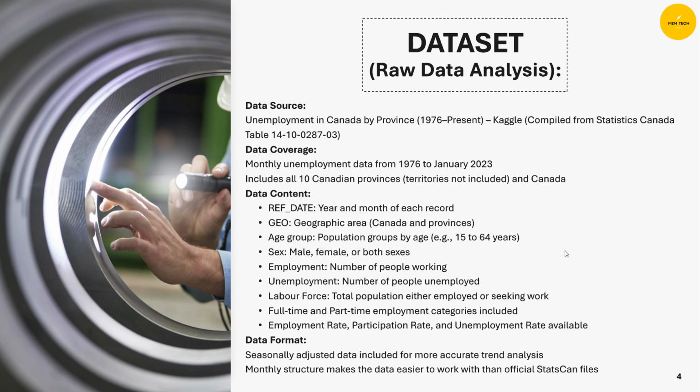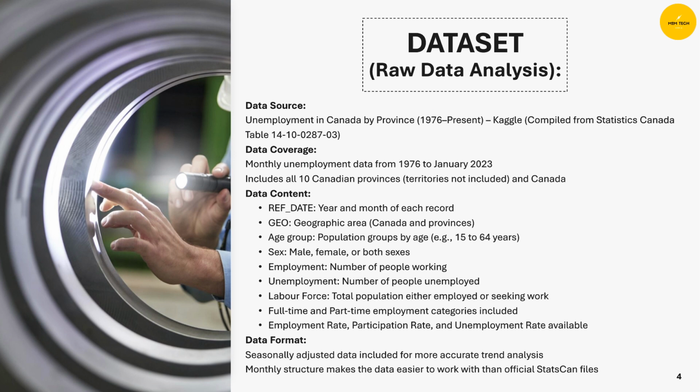So the raw data set which I had consisted of a lot of information. And so I decided to analyze it first so I can see how much information I can gather.